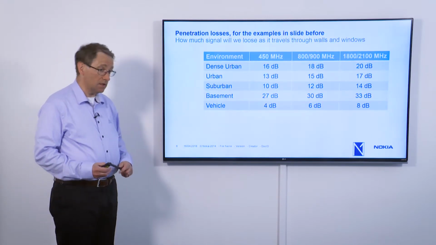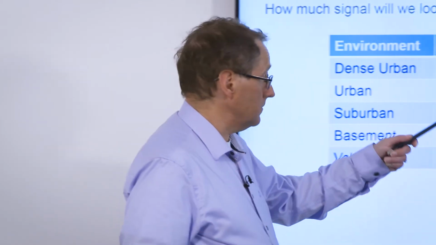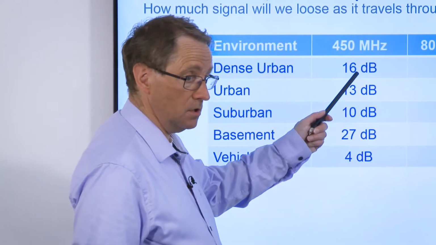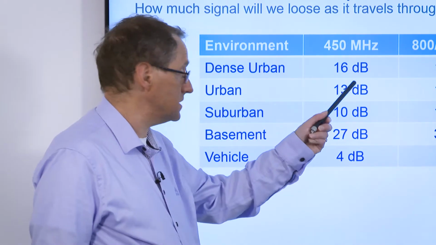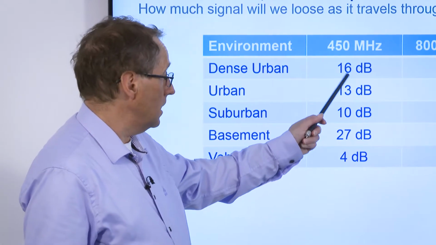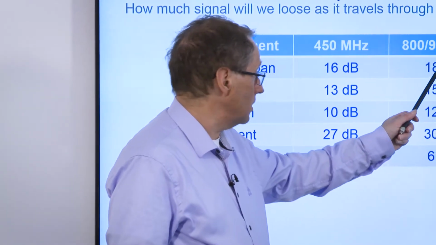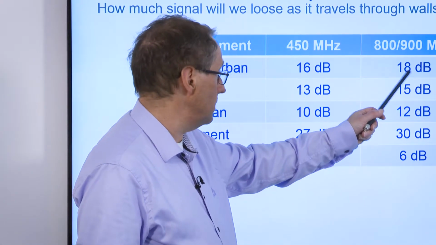If you look at the real values here, in dense urban areas like Stockholm and Gothenburg, 450 MHz will lose 16 dB of signal when it goes through the walls and windows. If you go to 800, 900, which is also popular for IoT, we lose 2 dB more.